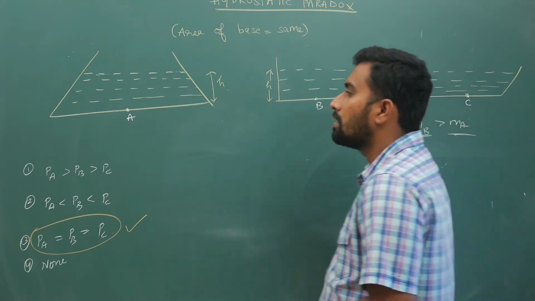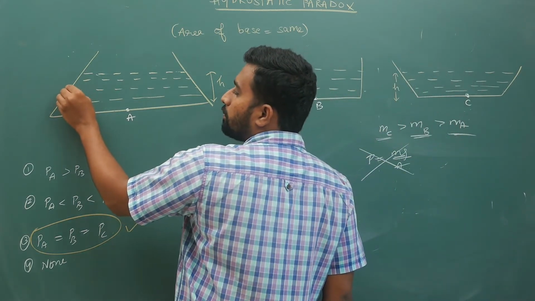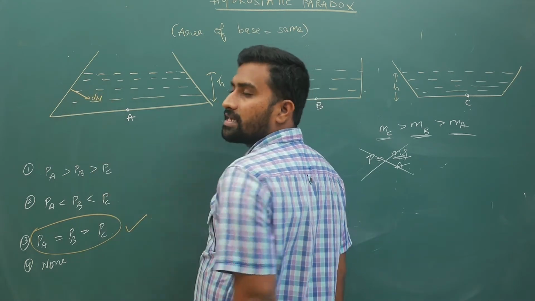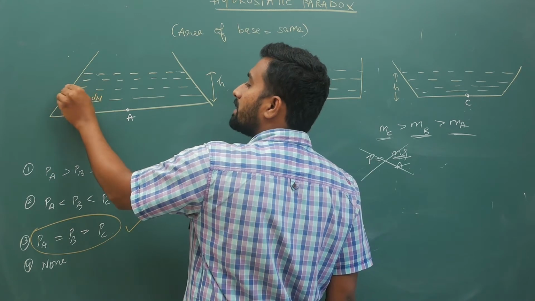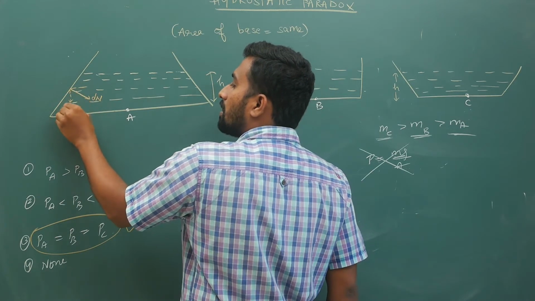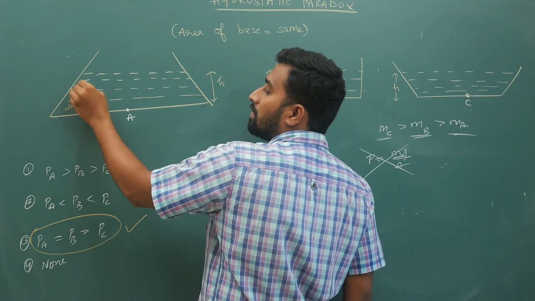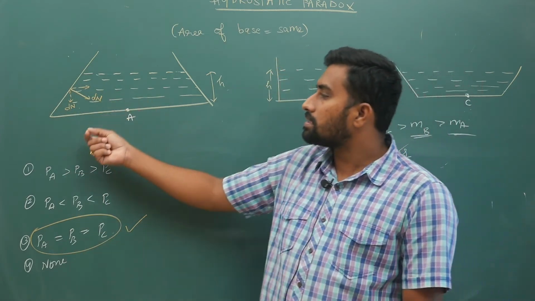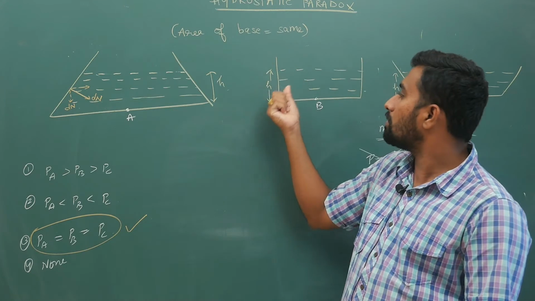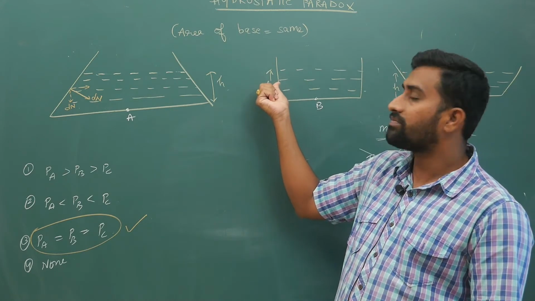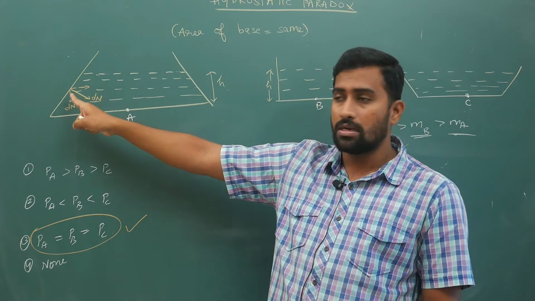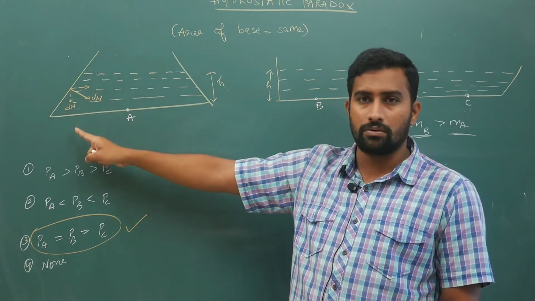Why? If you take a small portion here, the small normal reaction will act this way. If you resolve it into two components like this, the normal reaction because of this contact will act this way. In this container, the lesser mass has no normal reaction from the side surface, but because of this side surface there is some normal reaction on the liquid, which acts downwards.